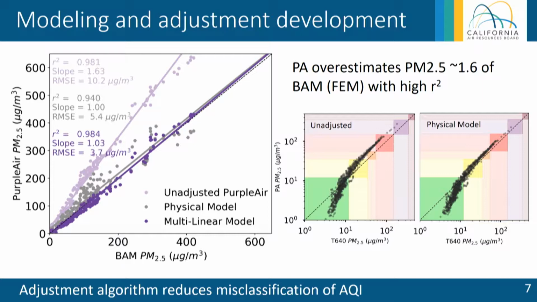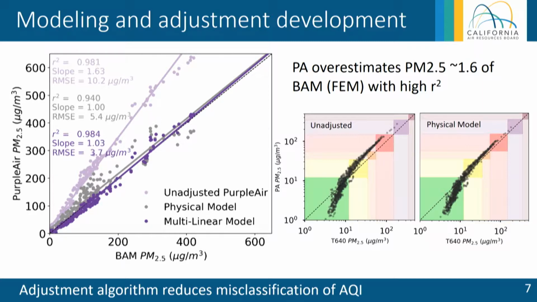First is the physical model, using a particle count from the proprietary, and then we estimate some size distribution and density to convert into mass concentration. And then the multilinear model is adding some more variables like a ratio of count, temperature, or humidity to reduce the error a little bit. But anyway, the physical model and the multilinear model are pretty close, but with these approaches, we can really put them onto the one-to-one line.